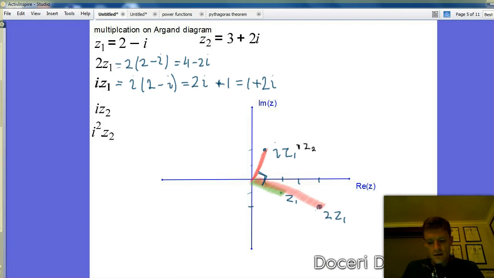Now, iz2, i multiplied by 3 plus 2i, is now -2 plus 3i. Let's put that on our Argand diagram and compare. So -2 plus 3i is going to be about there.